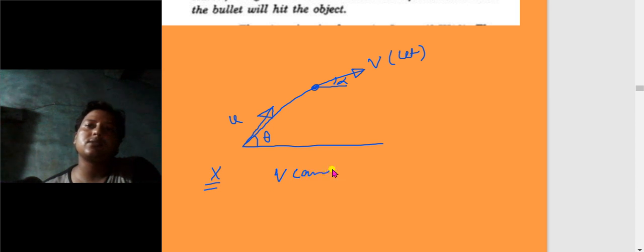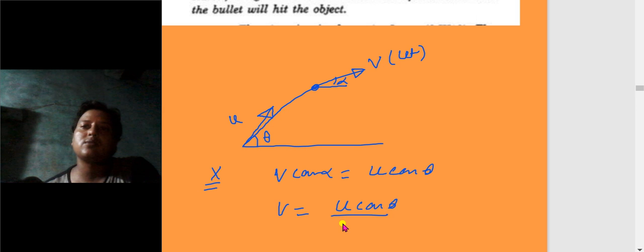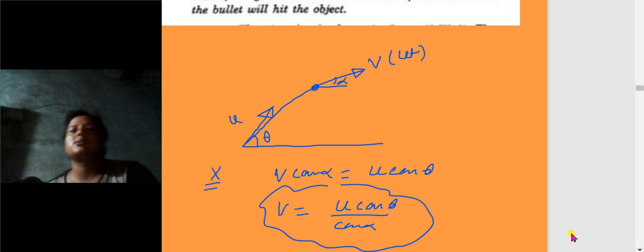We have to find the speed at this angle. Let the speed be v. We know the property, in x direction velocity remains constant. So v cos alpha equals u cos theta. So v equals u cos theta over cos alpha. So this is our required answer.